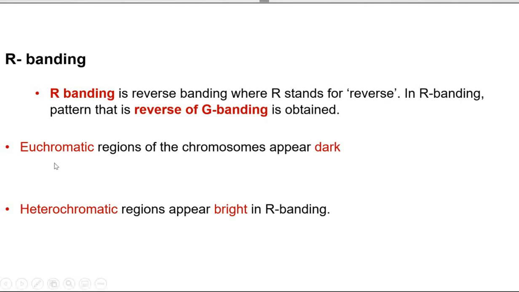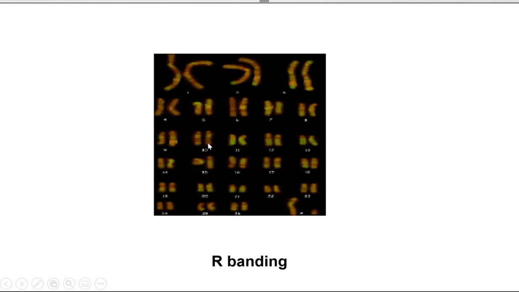So the euchromatic region, which was stained light in G banding, will appear dark here, and the heterochromatic region will appear bright. Right? This is the example of R banding. Here you can see the heterochromatic areas, that is the dark areas, and the light areas.